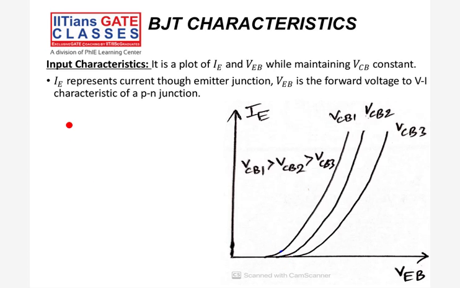Here I'll say VEB is equal to minus 0.6 volt for silicon, and minus 0.1 volt for germanium.